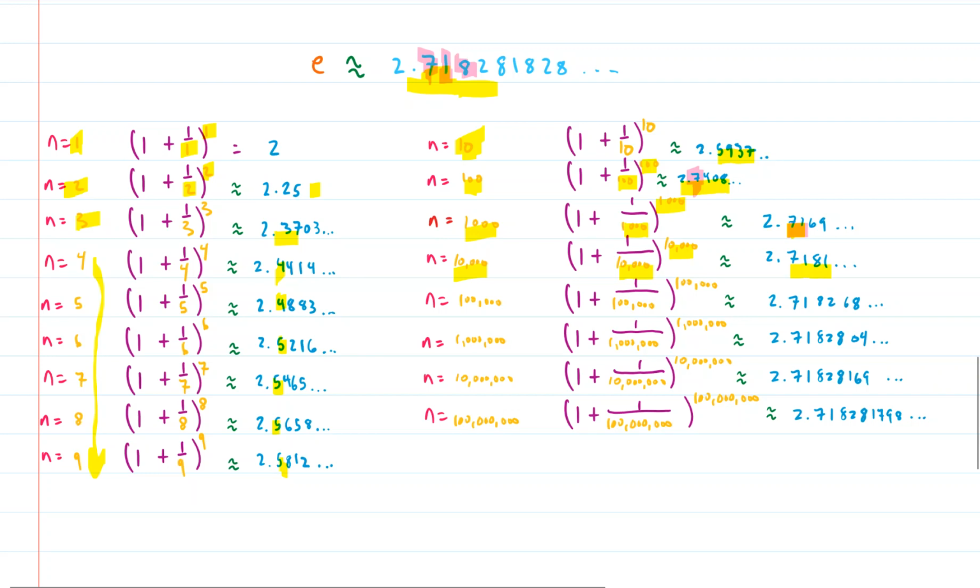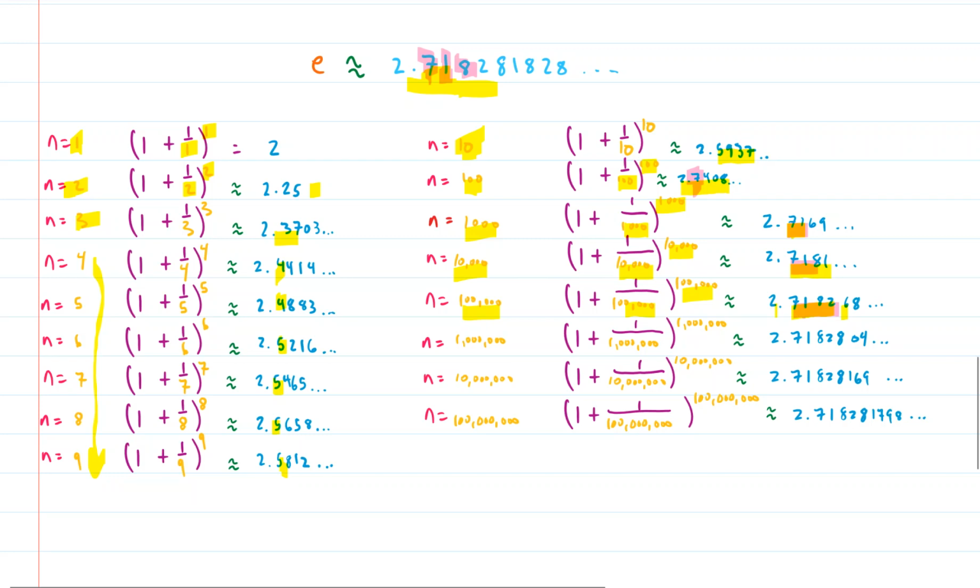How about 100,000? 100,000 is a pretty big number. 1 plus 1 over 100,000 raised to the 100,000. That gives us 2.7182, and then it goes 6. So we've got 4 digits of accuracy at n equals 100,000.